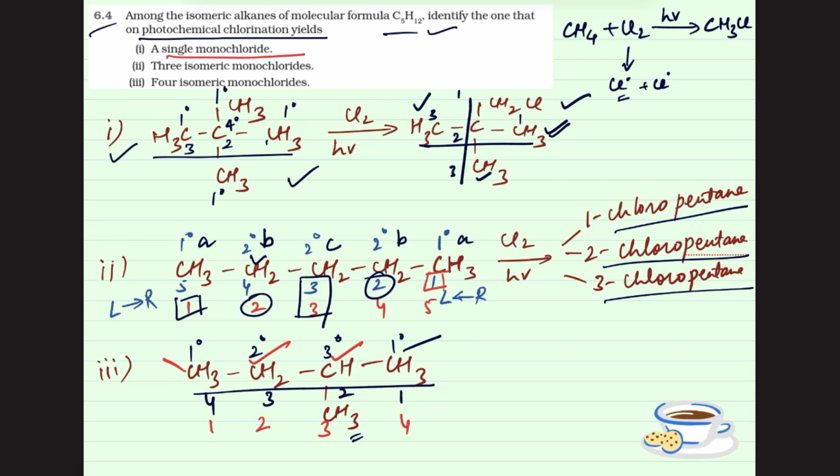For 4 isomeric monochlorides, the carbon-carbon chain has to be arranged so that 4 different carbons are available, and when chlorine bonds to these 4 different carbon atoms, it gives 4 different monochlorides. These monochlorides have the same molecular formula but different structures.